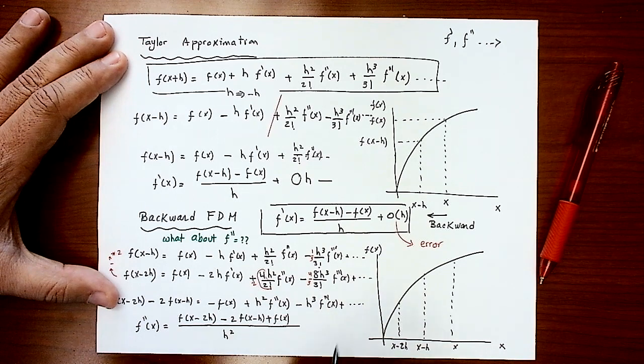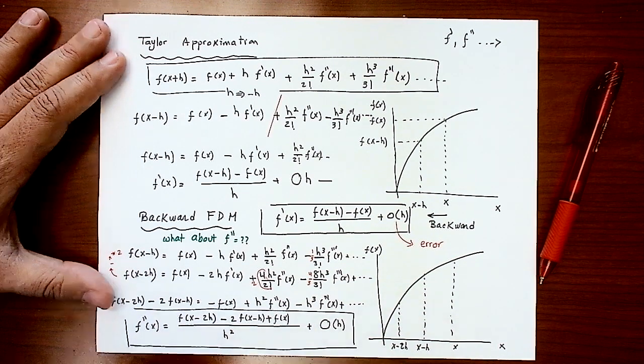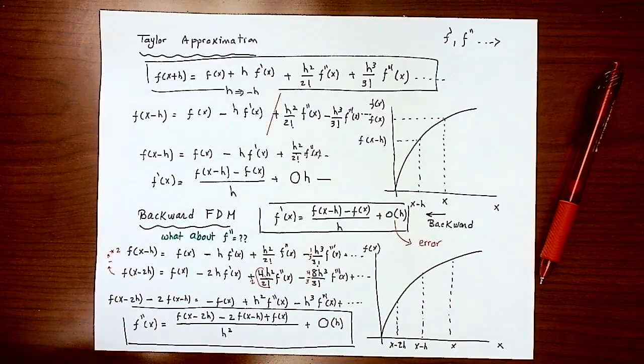This term will come to the other side, will be plus. Then h cubed will be divided by h squared, so I will have the error of order h. So this is the formula that you can use to approximate f double prime using the backward finite difference method, and you will have an error of order h.